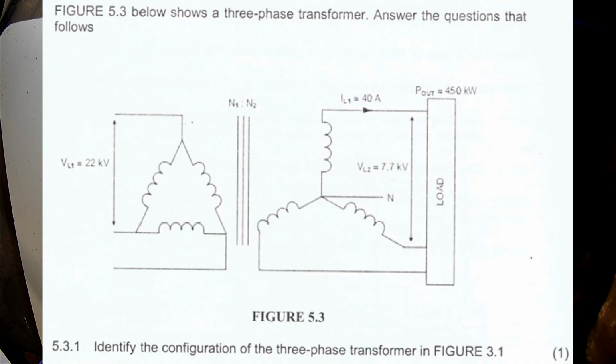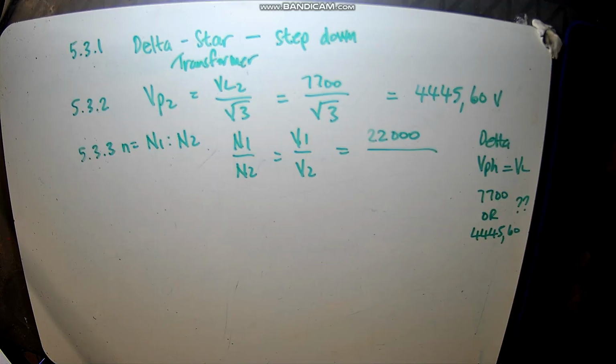Let's look at what the secondary side will be. So will it be 7,700 volts or 4445.60 volts? Which one will it be? Remember that the formula, you have to use phase values. So the phase value we just calculated in the previous question, in 532, we calculated the phase value. And that's the phase value substituted.